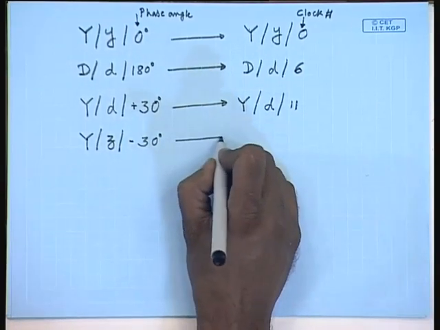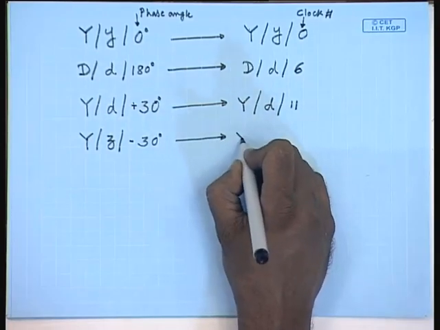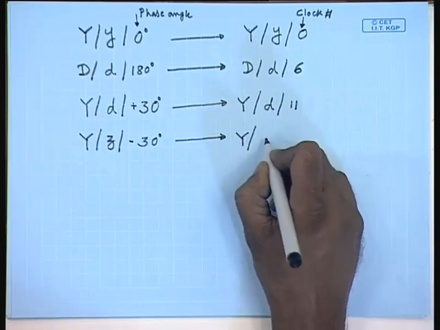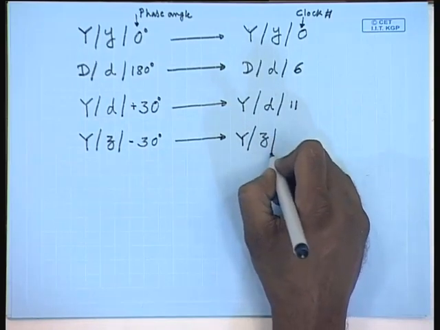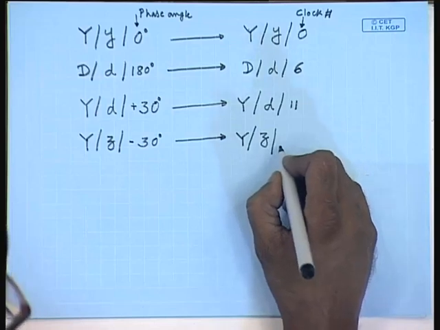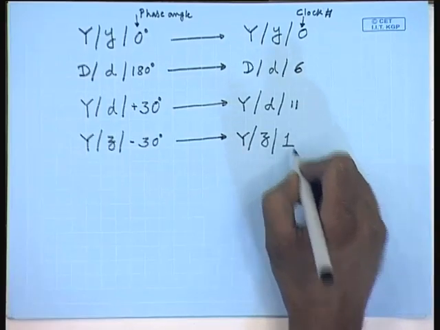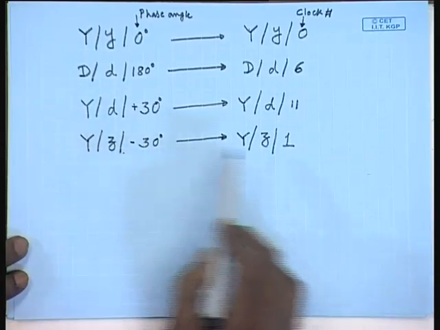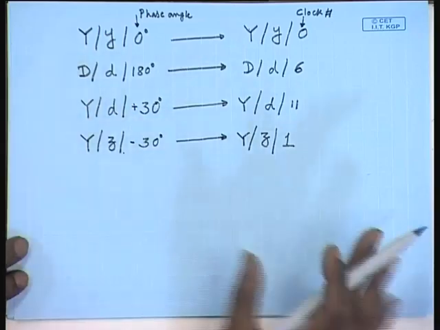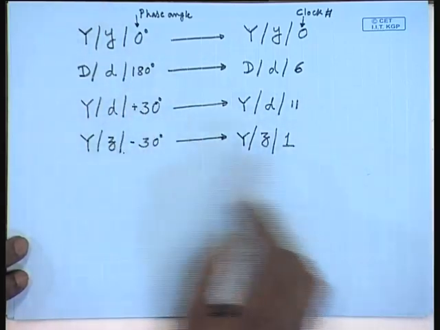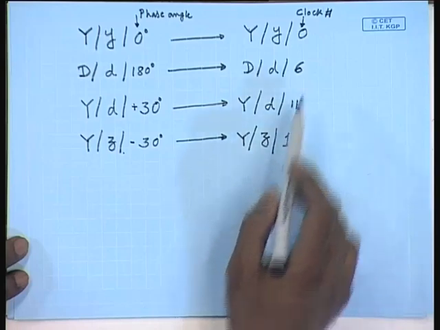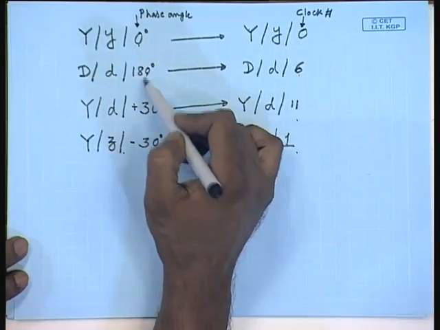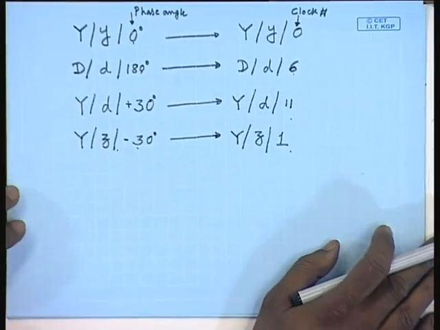The corresponding clock number representation will be YZ 1. So, this is the correspondence between phase angle representation and clock number representation. They are interchangeable, and in many cases the phase groups will be specified like this, in many cases it will be specified like this, but they represent the same thing.